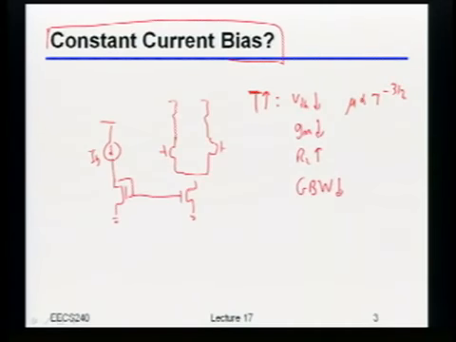I just happened to pick temperature here, but you can imagine I could replace this with process, or, I don't know, the phase of the moon. Hopefully not, but you never know. Basically, do I really want constant current? For any of the things we're designing, does constant current actually guarantee what I care about?